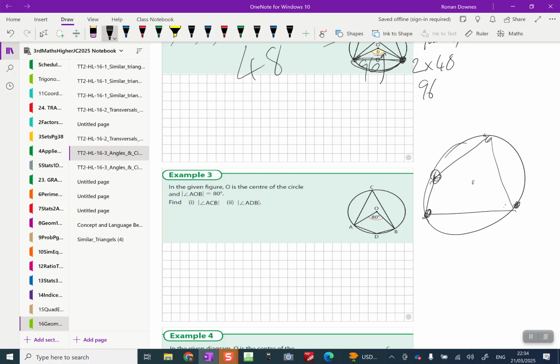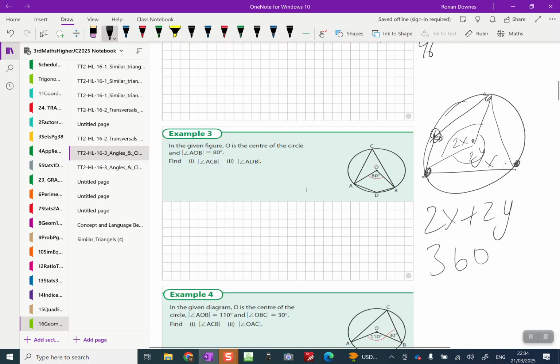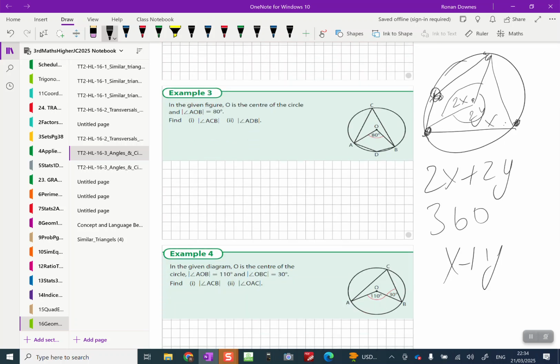And we know that because we can draw in these two and say, so if this is 2x, this is x, and if this is 2y, then this is y. But 2x plus 2y is the angle at a point, which is 360, and half of that, x plus y, has to be 180.